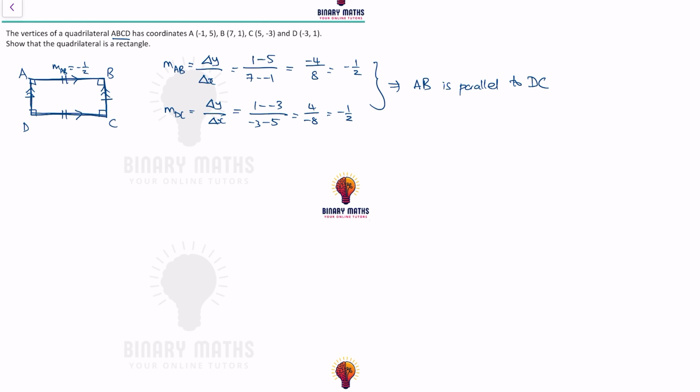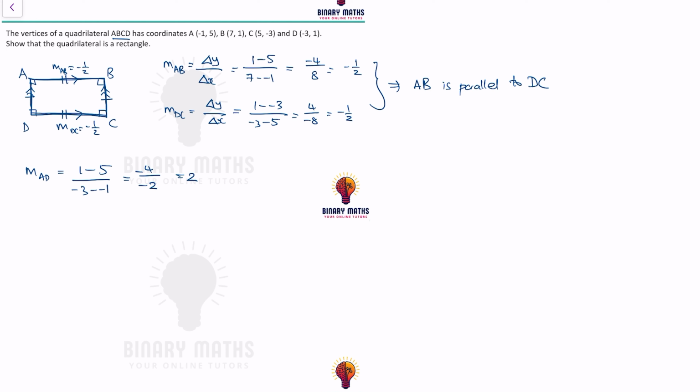Okay, so next thing is I need to work out the gradient of AD. Let me just write that. Gradient of DC is equal to -1/2. Gradient of AD is equal to 1 take away 5 over -3 take away -1, which is -4 divided by -2, which is equal to 2.